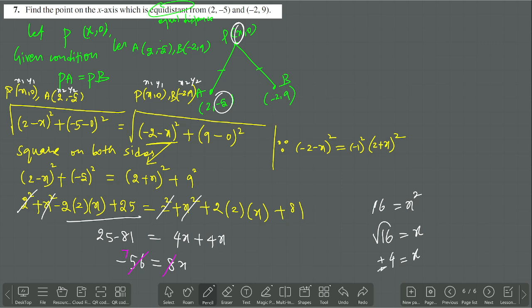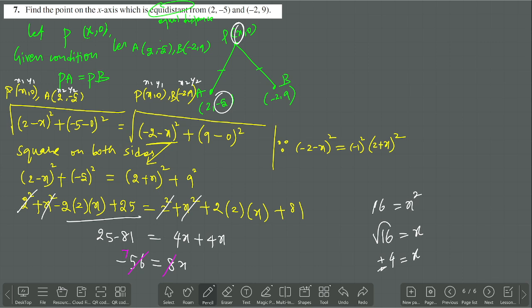If you take only plus 4, because you think this is a distance, then if you take only plus 4, they will surely remove half a mark. Those who scored the centum mark in 2000, the last batch and previous batch, and those studying now in 12th plus 2, they were told to take half a mark off. Those who are not giving plus or minus, you lose half a mark, they said very clearly in the board exam.